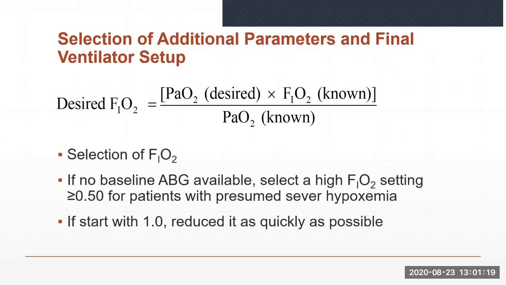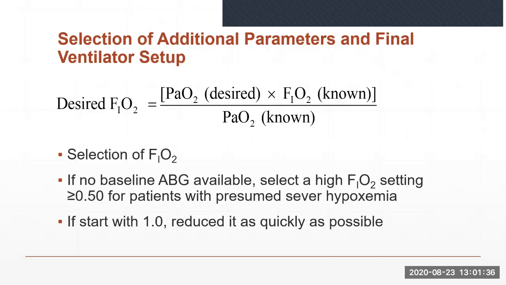If PaO2 is not within the desired range, the following equation can be used to estimate your FiO2, which is: the desired FiO2 equals PaO2 desired times your known FiO2 divided by your known PaO2.